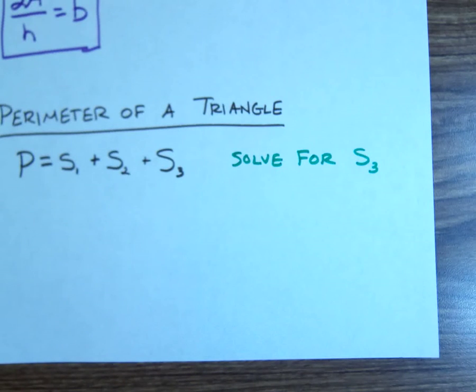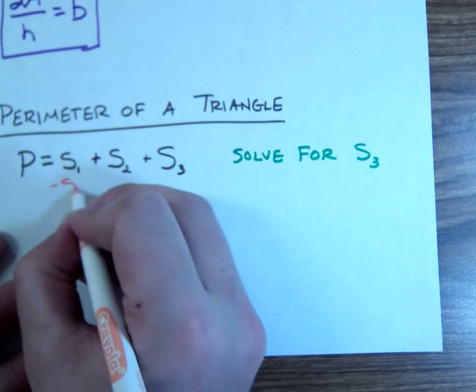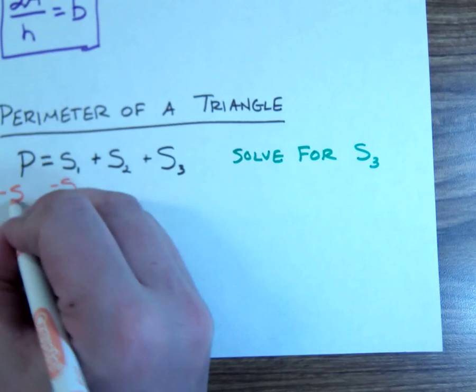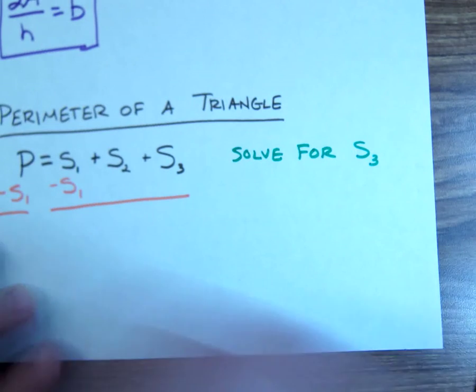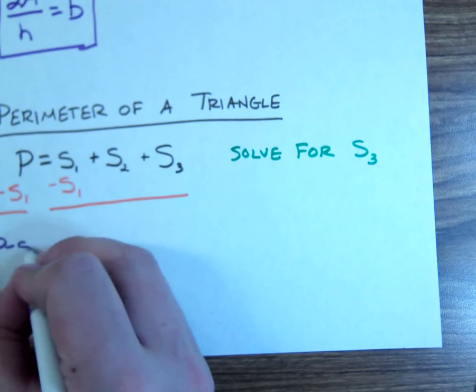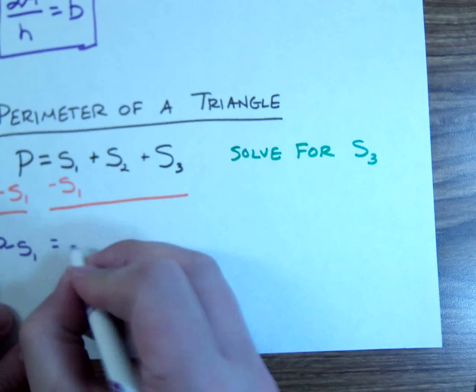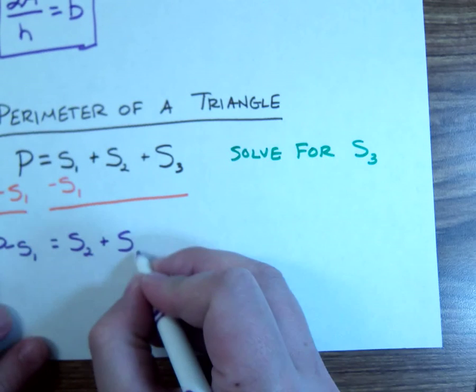What should we do? How do I get rid of S1 or S2? Sure, let's subtract them. I'm going to do it one at a time. I'm going to subtract S1 first. And that leaves me with, on this side, P minus S1 equals S2 plus S3.